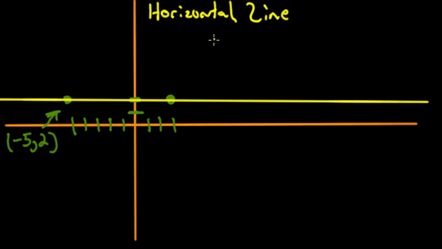And if we look at the slope, m equals our y value, 2 for the first point. Now let me label the second point here, 3, 2.